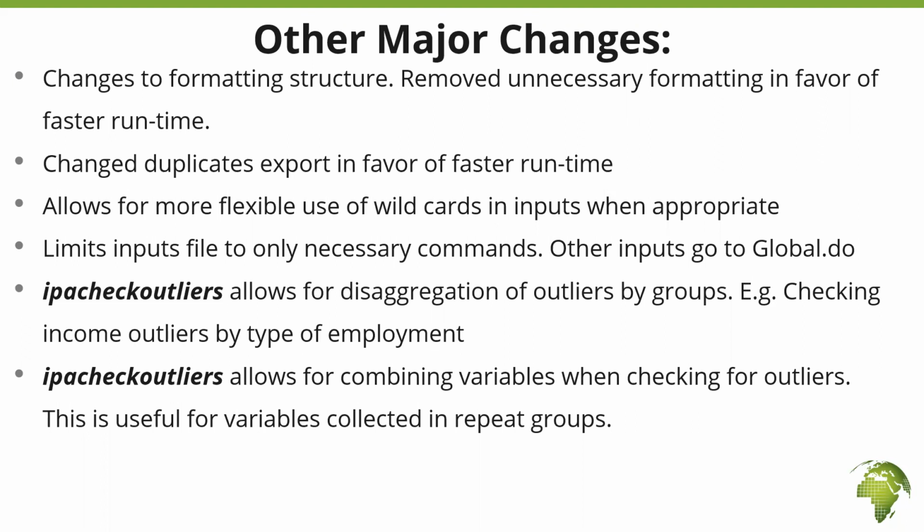In some cases, it would be nice to consider them as one variable when checking for outliers. So basically, it's going to use all the data from the different variables to calculate the standard deviation, interquartile range, and all the other things that it needs to check for outliers.